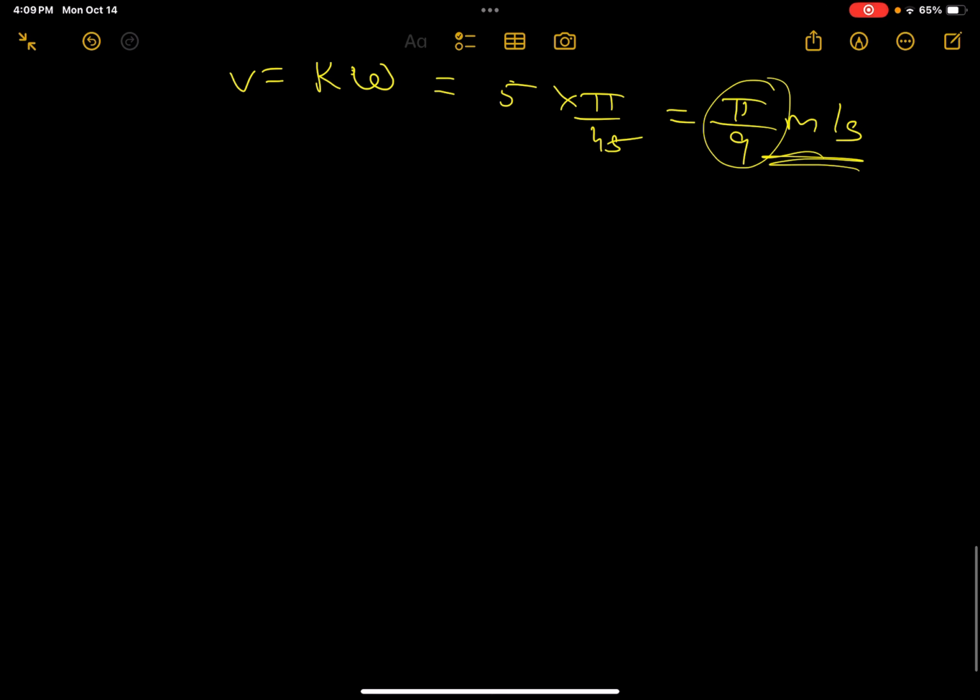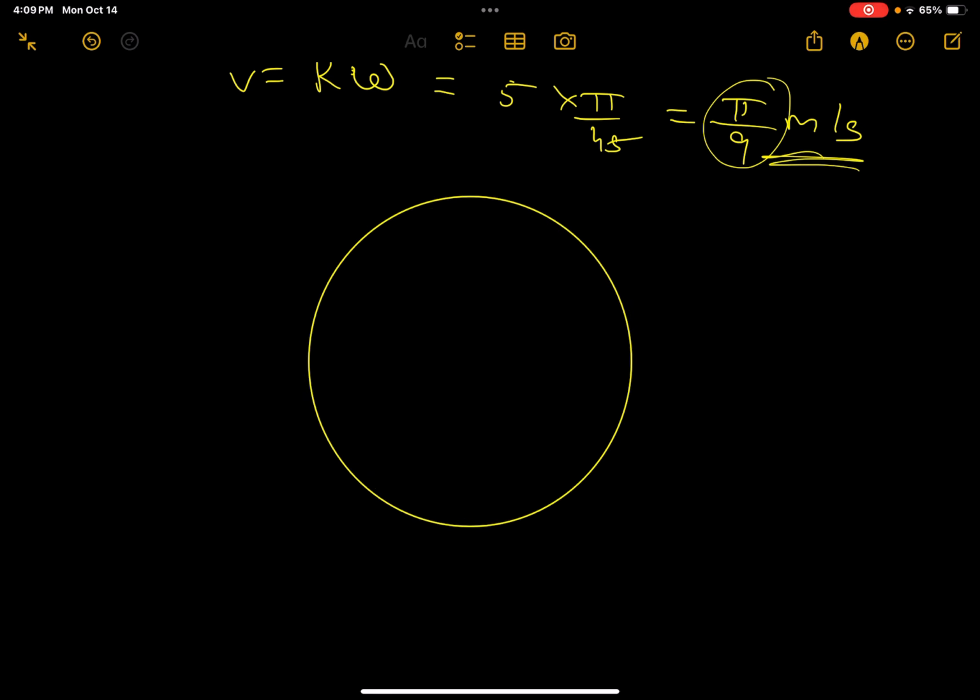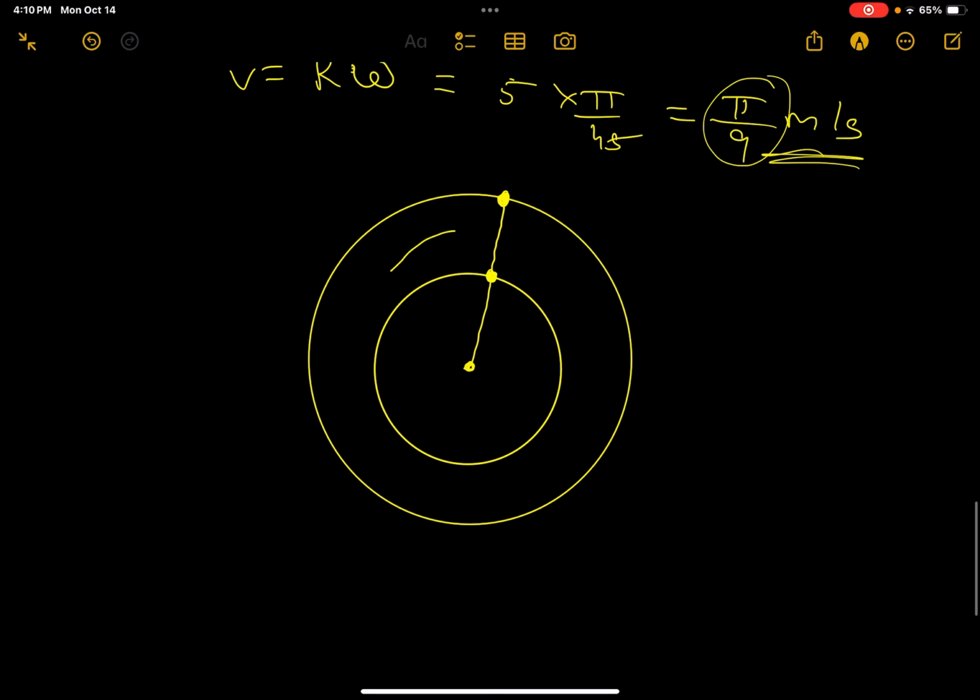For example, if we have two circles over here, which are concentric, they have the same center, and they have the same time period, so they cover the same angle in the same amount of time, that means their angular velocity is same.